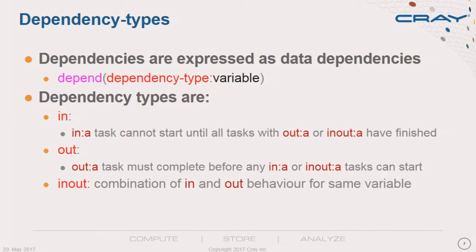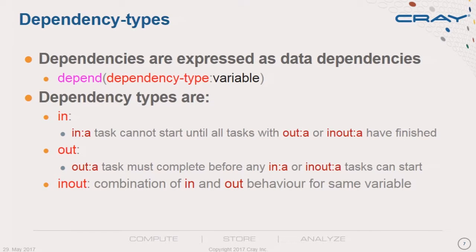The syntax for this depend clause is that you just name depend, and then you give a certain type, and then you always act on a variable, so a name. The type can be in, out or inout.